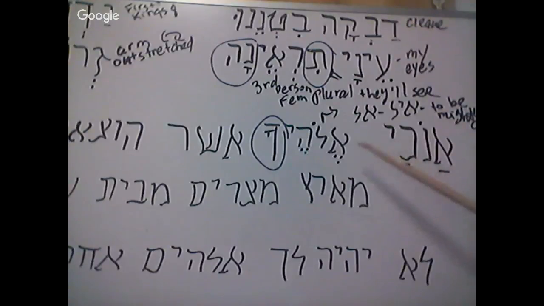Then secondly, if we're looking at this word right here, we already know that the word Elohim in many cases means God. Now, if you don't understand the culture of the house of Israel, what you will call not monism, but more so the aspect, brothers and sisters, of monotheism.